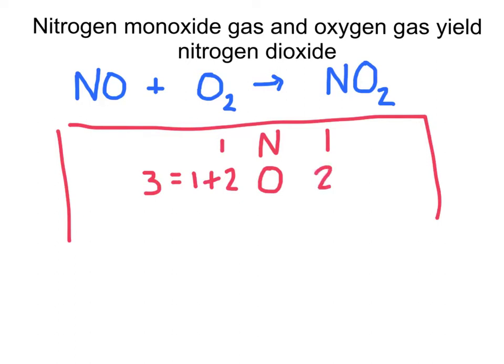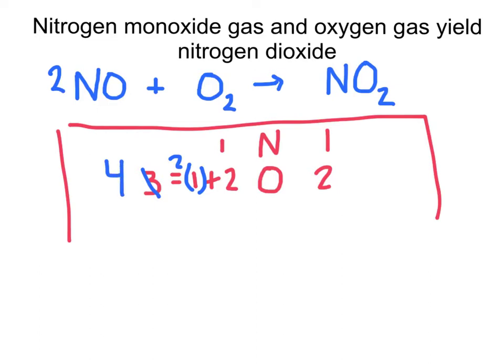Now this one's a little tricky because I only get even numbers on the right. So I need to get the left into an even number. The only way to get the left into an even number is to multiply this one right here by 2. If I multiply that one by 2, then I now have 4.